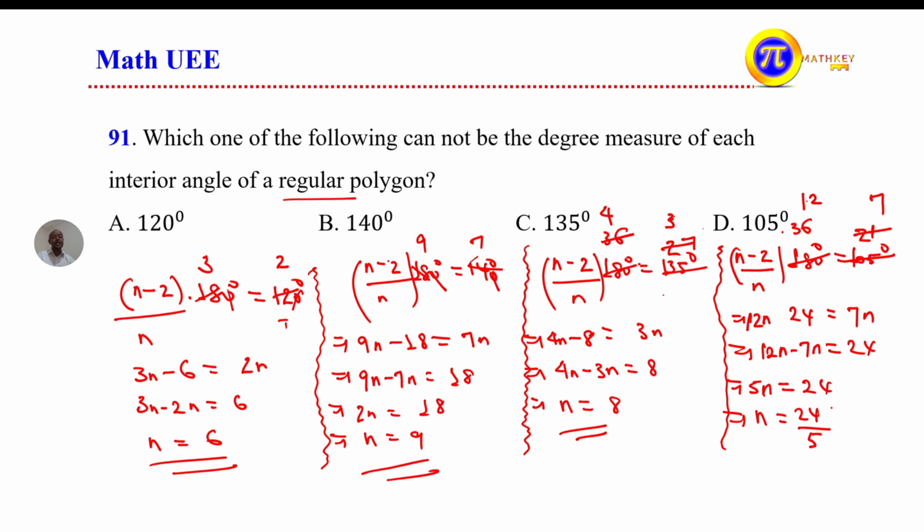It is not an integer. If that's so, this cannot be the interior angle measure of any regular polygon. So choice D is the correct answer.